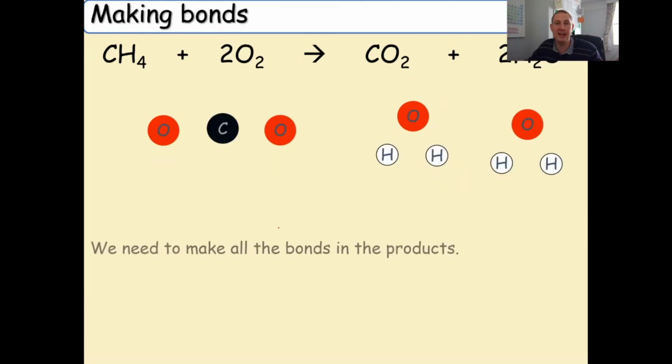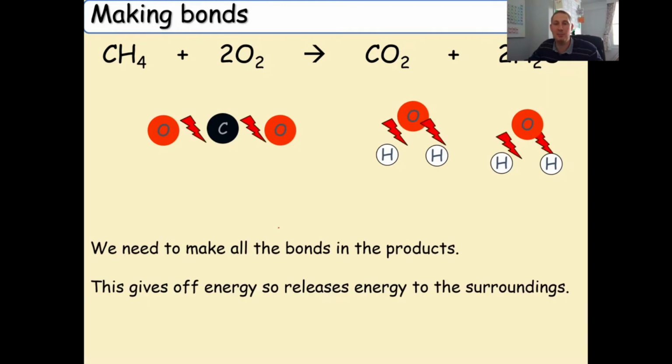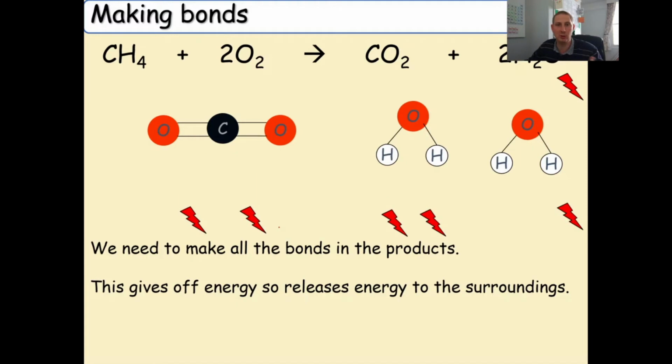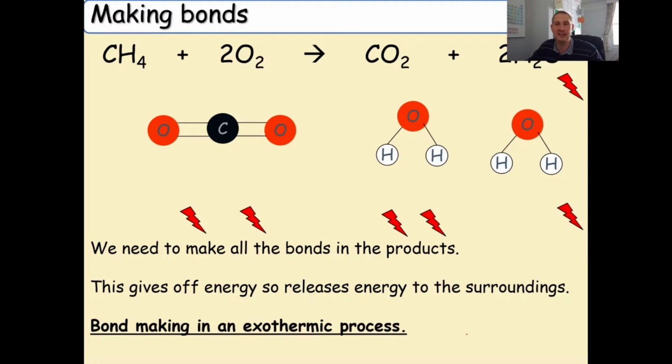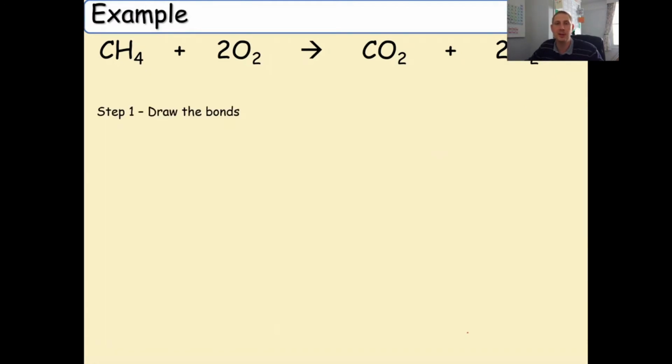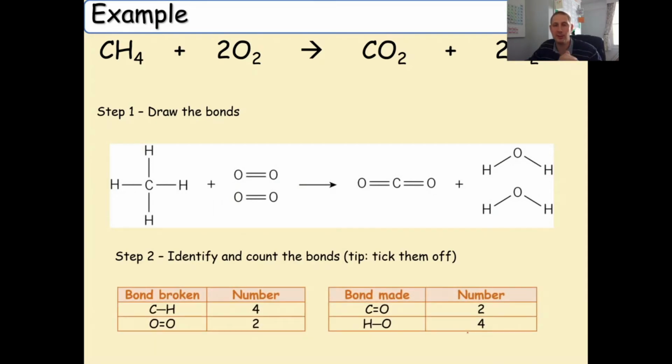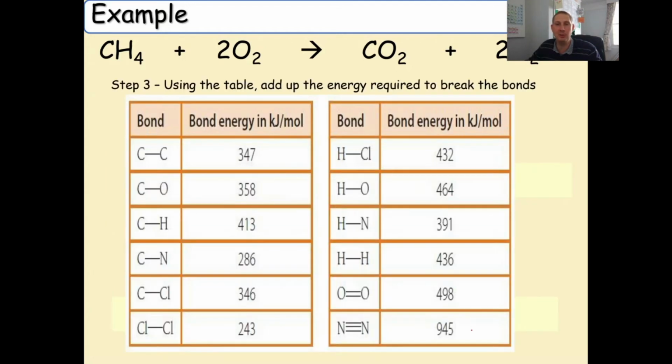Making bonds, here, whenever the bonds form, energy is released. Always, no exceptions. Making bonds always is exothermic, releasing energy. So with a problem like this, you would draw the bonds, you would count them, ticking them off, just as we did. Then you would look up a table of what the bond enthalpies are.